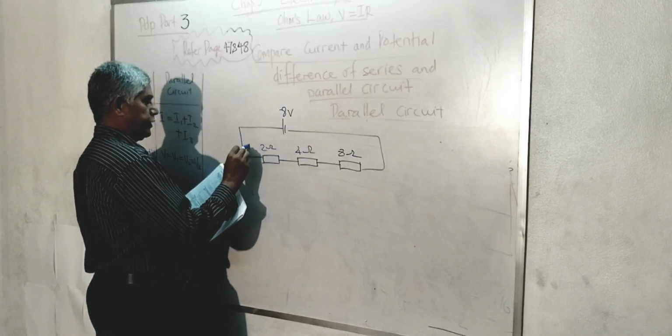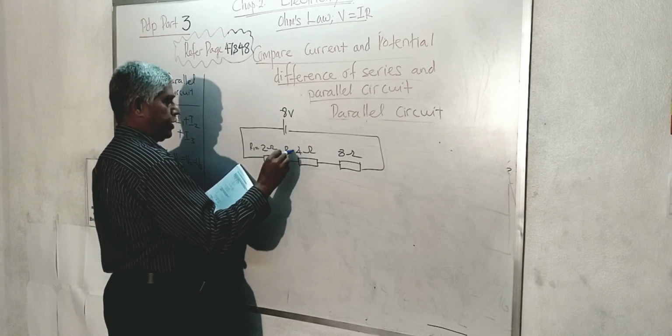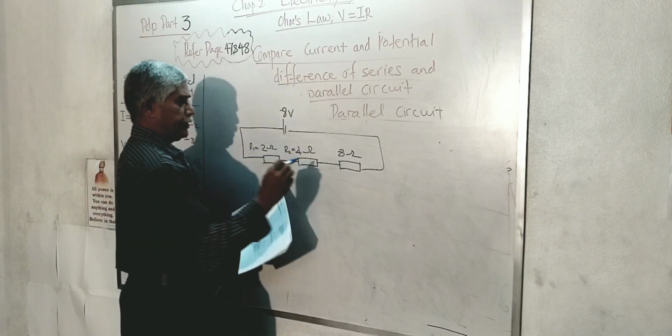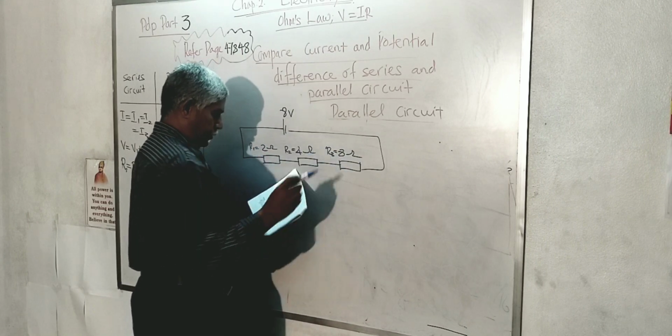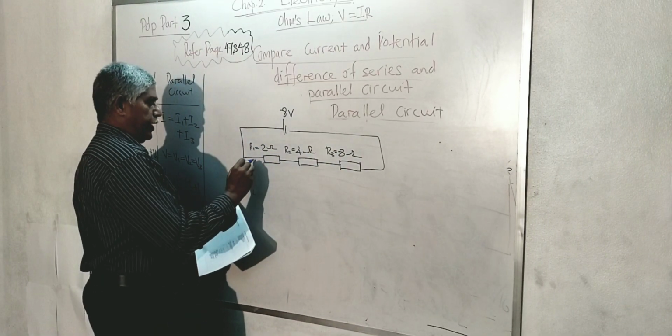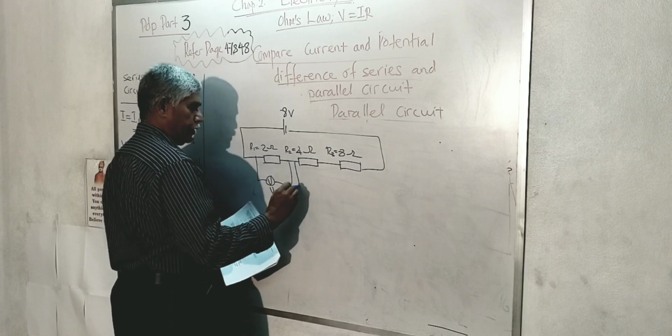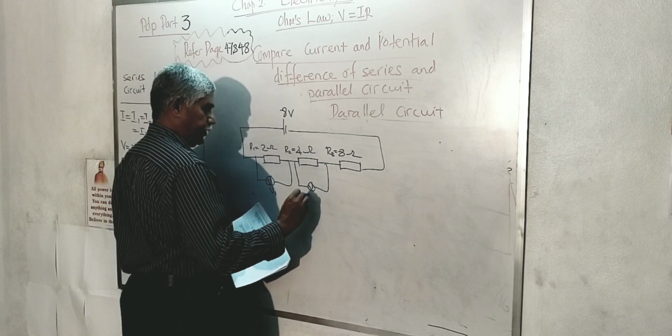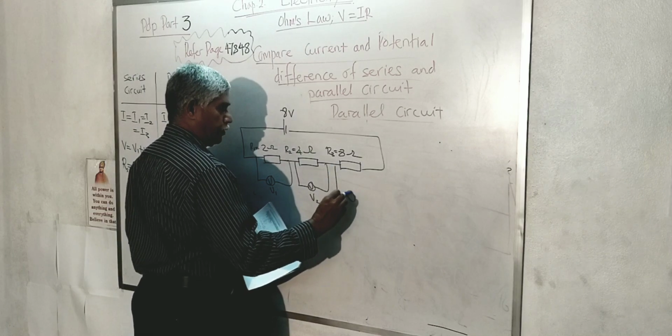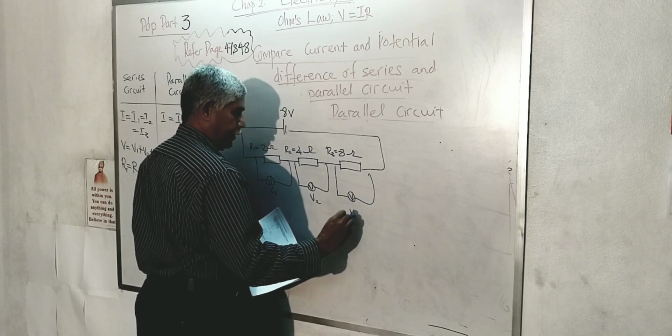This is R1, R2, and R3. And they also place voltmeters: voltage V1 across the first, V2 across the second, and V3 across the third.